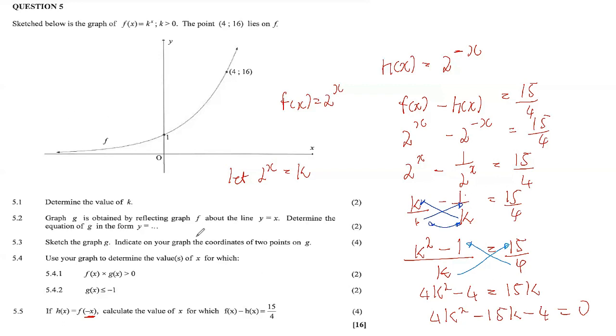Now let's continue here. If we factorize this, we end up with 4k plus 1 and k minus 4. So yes, I believe that's going to give us this. Now my k is either equal to negative 1 over 4 or k is equal to 4. But remember, our k is equal to 2 to the exponent of x.